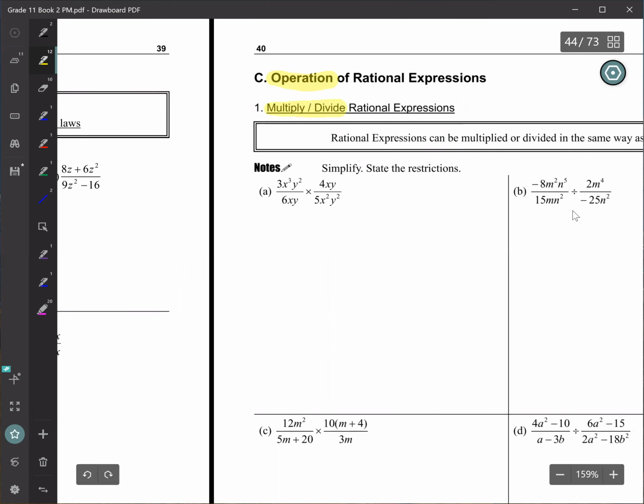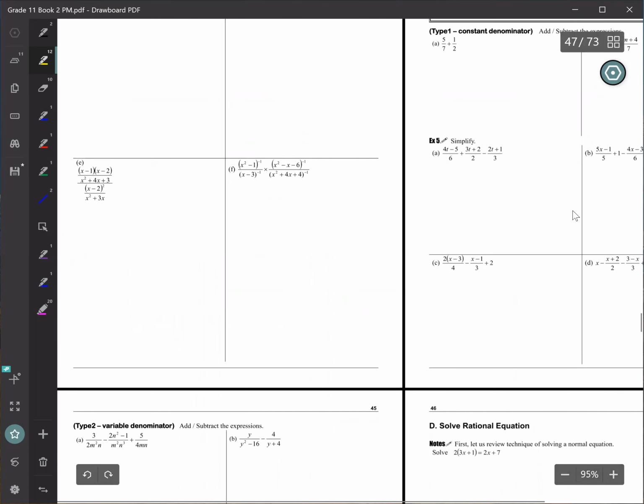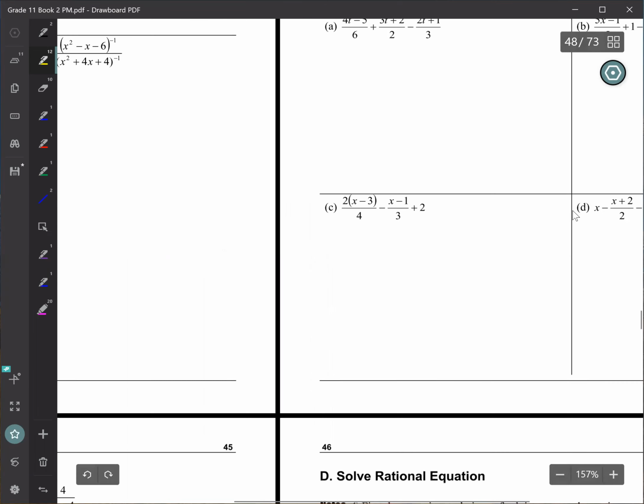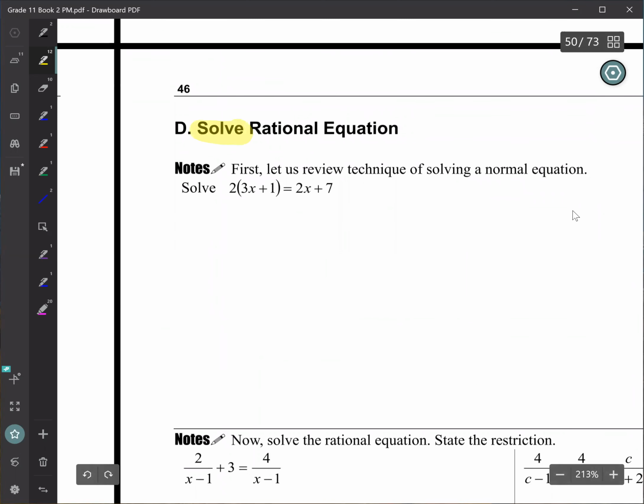Multiply and divide, we'll learn it together, they're similar. And then we'll be learning how to add and subtract, page 44. And after that, we'll learn how to solve an equation that has a fraction inside, rational equations.